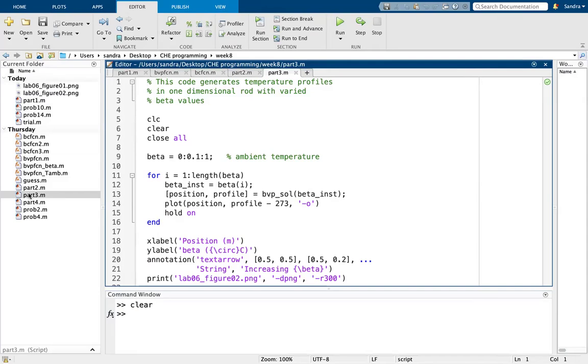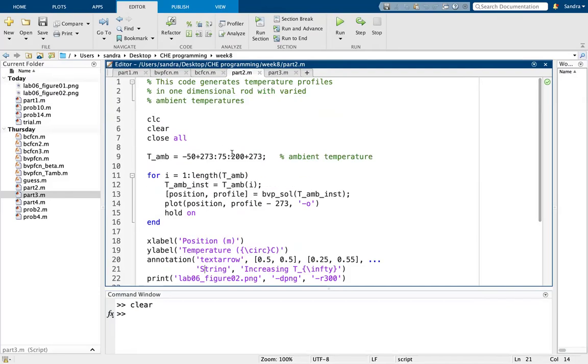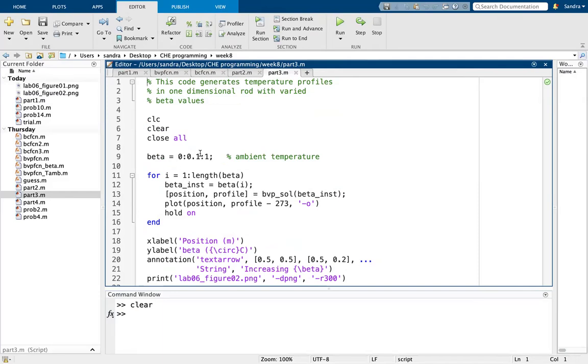Beta has to be varying. Here I'm using a small h value, the step size that you take. Earlier I set it as the grid points, but this is the h value. You take 0.1 as the step.